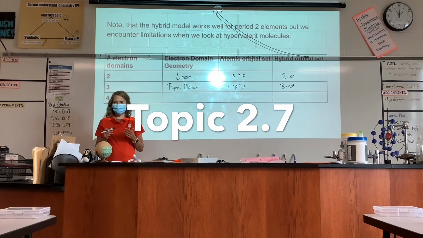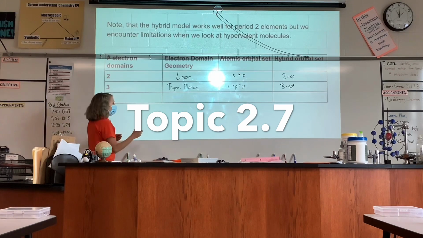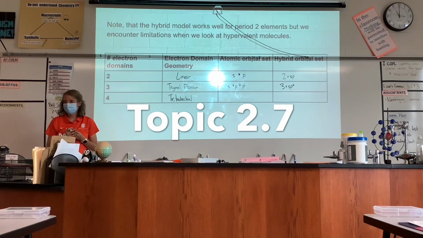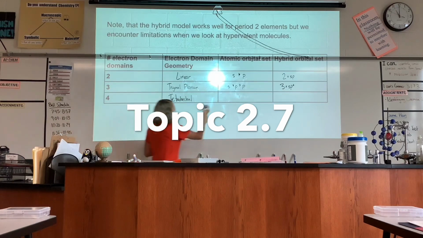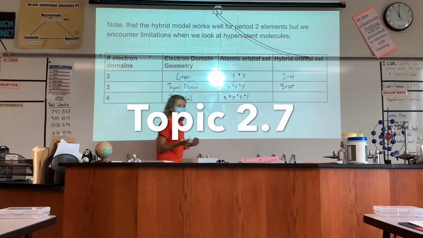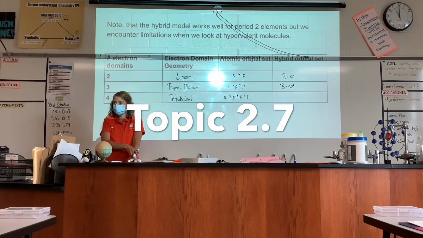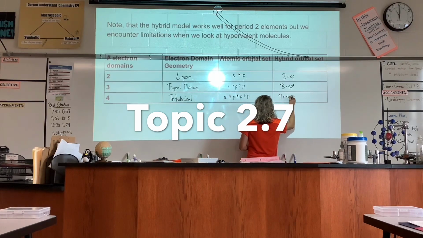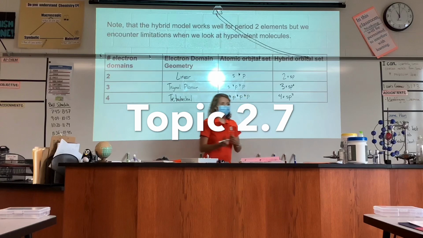Are you seeing the pattern here? A little bit. So 4, that's our tetrahedrals. That means we need 4 separate orbitals, so 1 s and then 3 p's. So we end up with 4 sp3 hybrid orbitals.